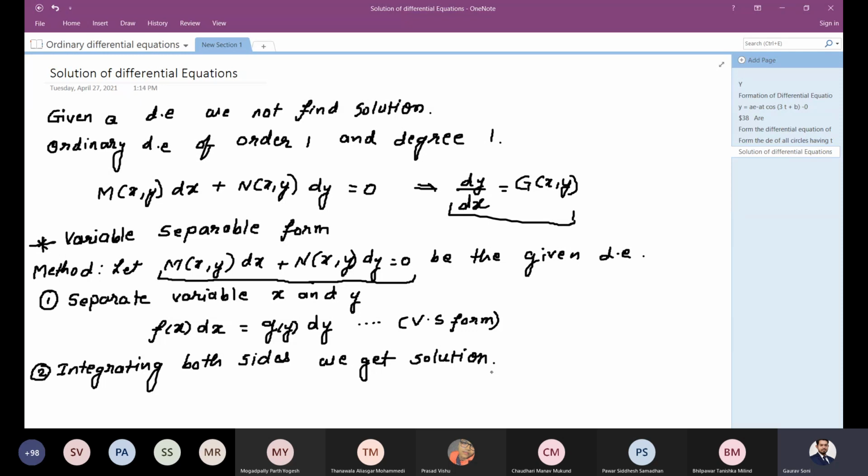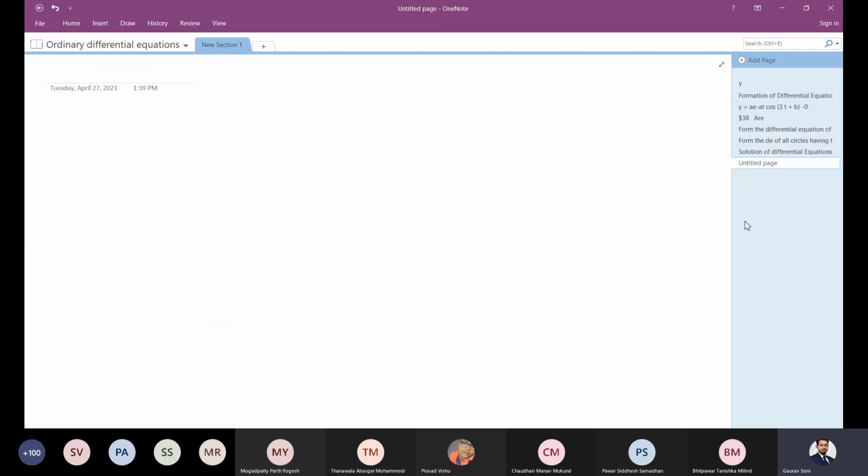So whenever you get an example to solve an ordinary differential equation of order 1 degree 1, your first preference always has to be the variable separable form. If it is not possible to solve by variable separable, then and only then do you go for any other method. Fine. So we'll solve some examples on this, and then we will explore different types which can be converted to variable separable form.